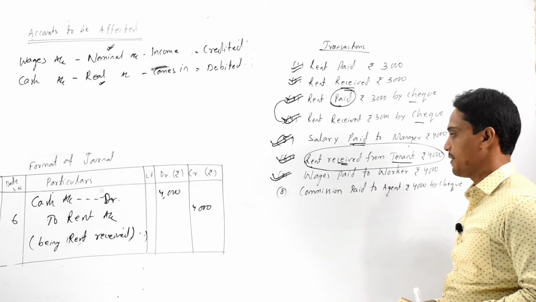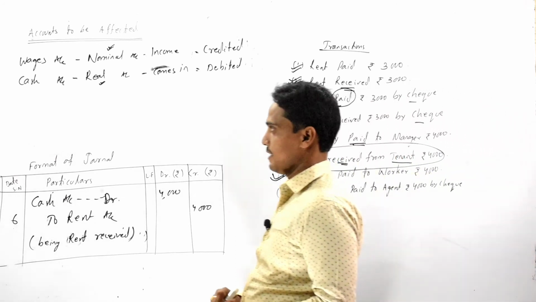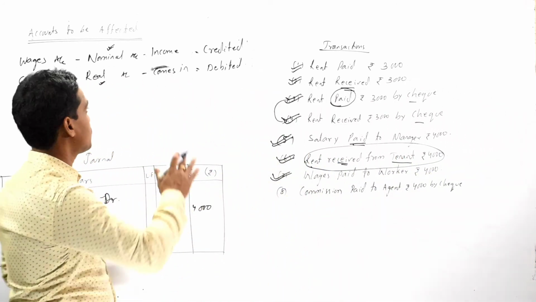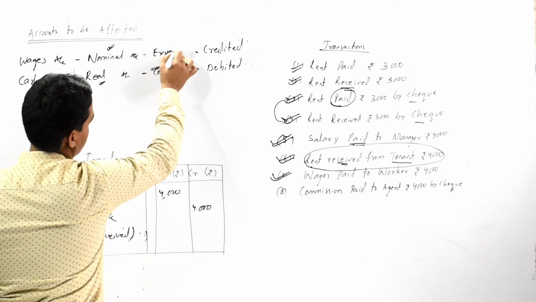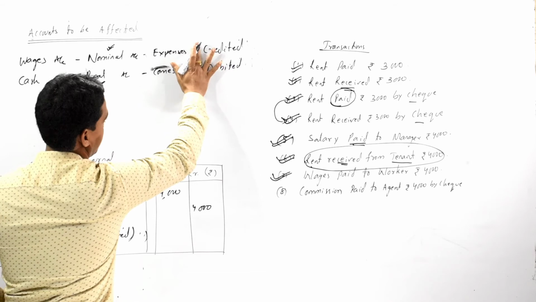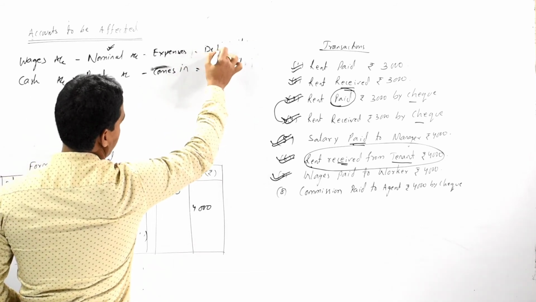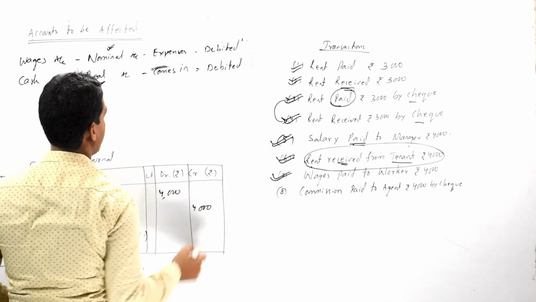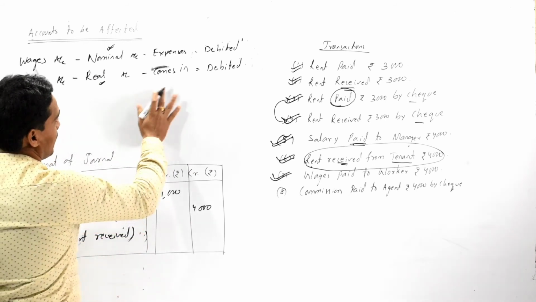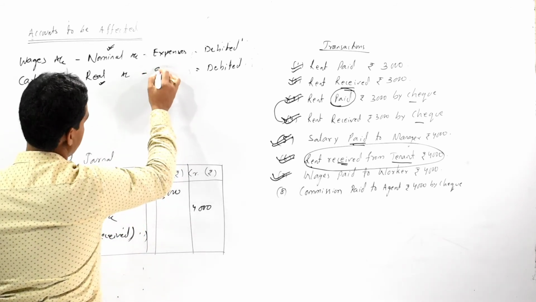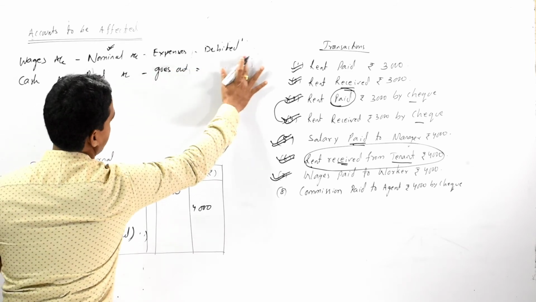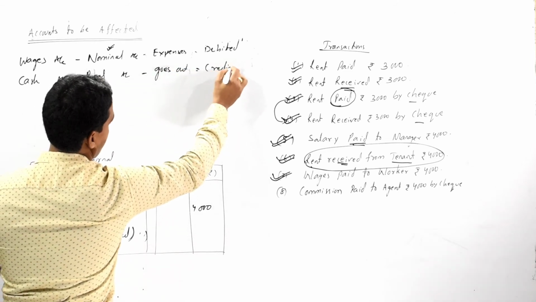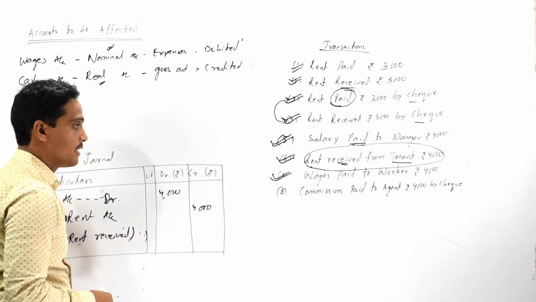As we are paying the wages, wages should be considered as an expense. So it should be debited according to the nominal account rules, and here cash goes out, which should be credited according to the real account rules.